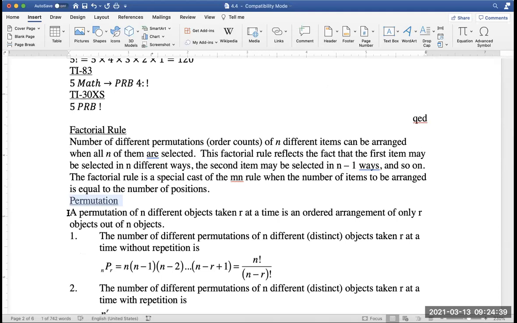So permutation. A permutation of n different objects taken r at a time is an ordered arrangement of r objects out of the n objects. So in permutations, we're talking about ordered arrangements.